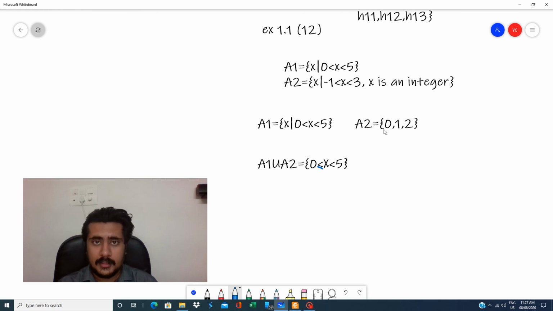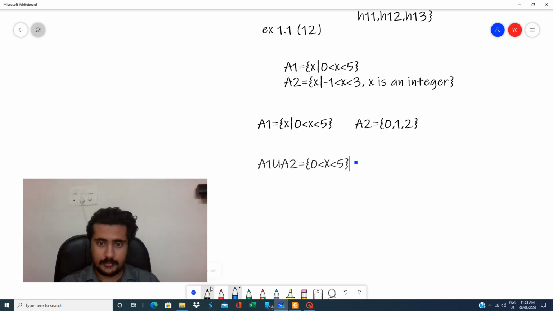What is the rule of union? If the digit is in either event, either it should be in A or it should be in B, we will include it in the union. So 0 is present in A2, that's why we have included it here.